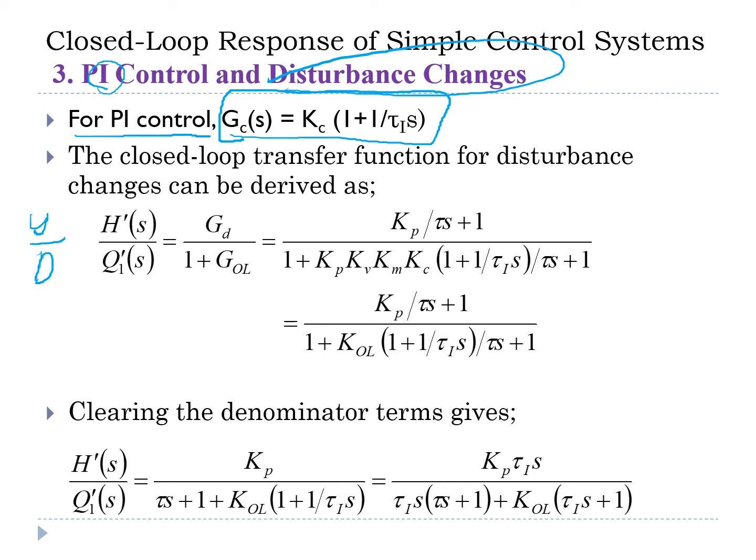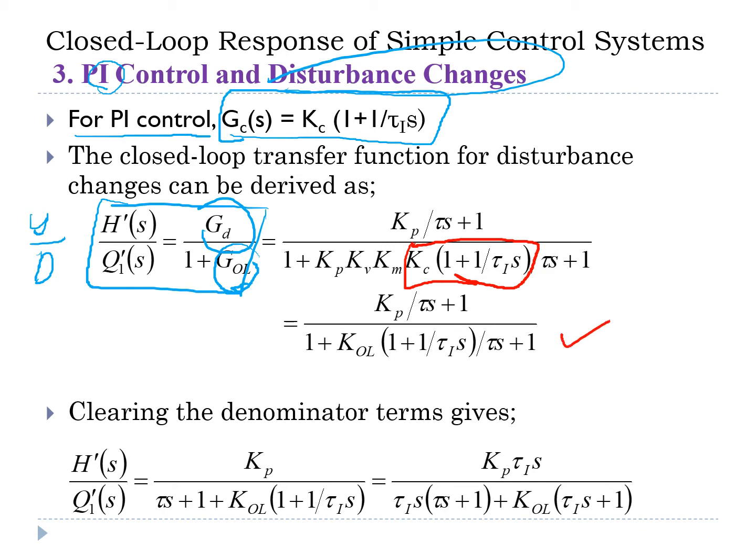So the same steps that we have done earlier, by substituting what is GD and what is GOL. But this time you need to substitute with a new GC transfer function. This part is the transfer function for the PI controller. The rest are just the same as the previous example, right? So you have this equation.